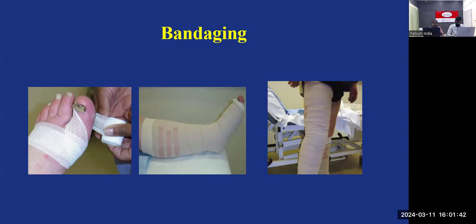So if they are using stockings, they should remove them at night, because when the edema comes down, the stockings also compress the tissues, and sometimes the tissues will not get adequate blood supply. But if we apply crepe bandages, there is no need to remove them at night, because when the edema comes down, the crepe bandage will automatically loosen. That is the thing you have to keep in mind.